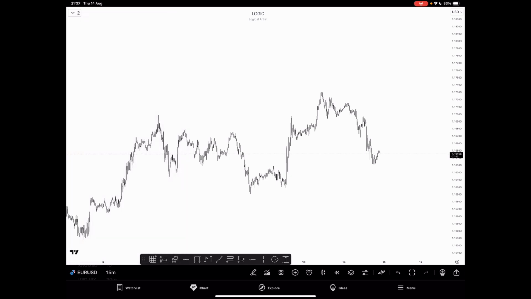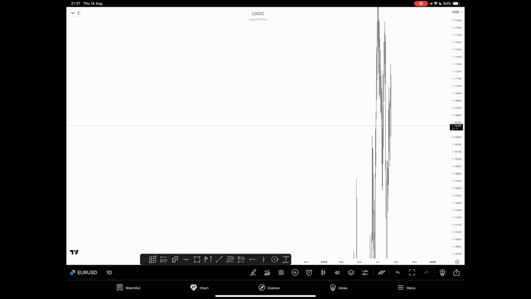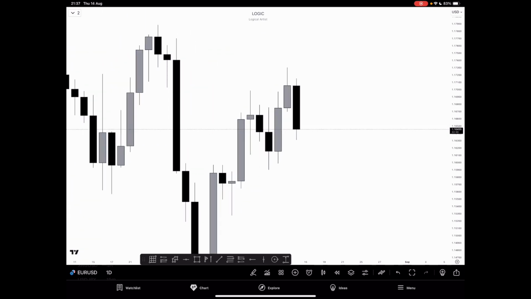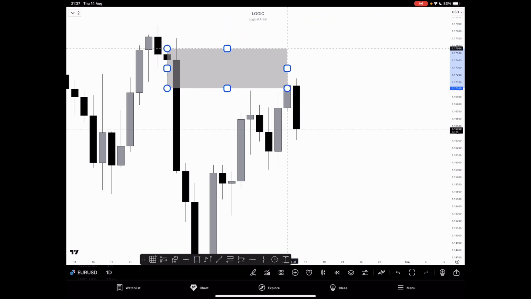First thing first, we are going straight to the daily time frame to know what the price is up to. As at yesterday, price landed on this daily point of interest right here. So that's a basic order block.